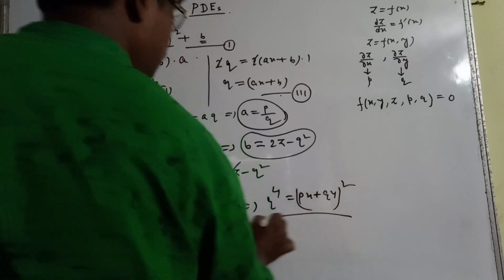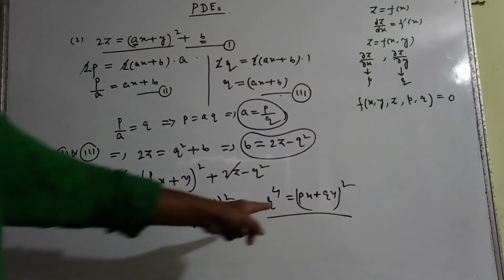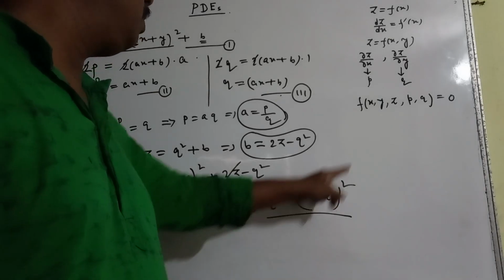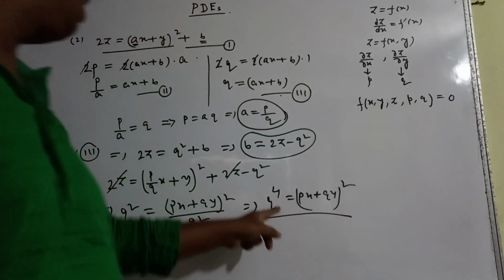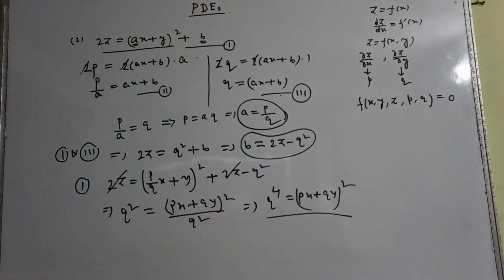There is no arbitrary constant in this relation of x, y, p, q. This is the required partial differential equation.